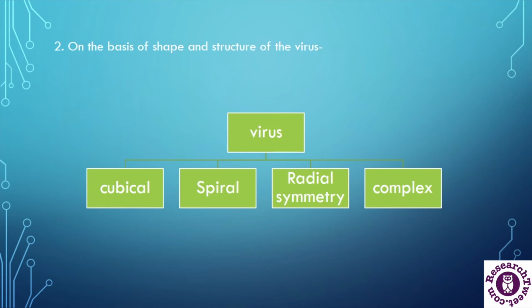The spiral viruses are also known as helical symmetry viruses, and they include paramyxovirus and orthomyxovirus. The radial symmetry viruses are bacteriophages, and the complex viruses include poxvirus, which has a very complex structure without any symmetry.